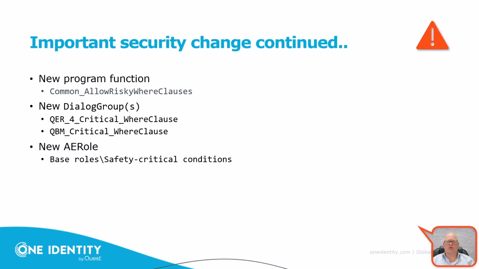And of course, together with the role-based access there is a new AE role, which allows you at the end to manage all of that, and that is called base roles safety critical conditions. Again, that means if people don't have this specific permission assigned, they are not able in the Identity Manager world to use any of these LIKE operations anymore.